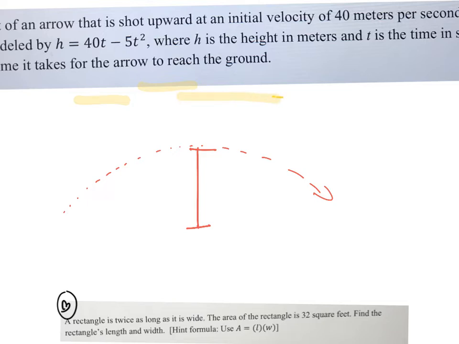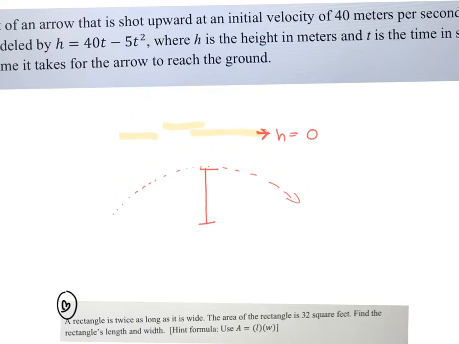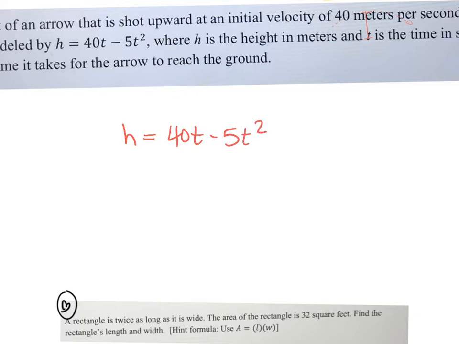Well, if the arrow is going to be reaching the ground, it means that the height must be equal to 0. So, if I know that the height has to equal 0, and my equation is height equals 40t minus 5t squared, it means that my h value has to be 0, and now I can solve for t.